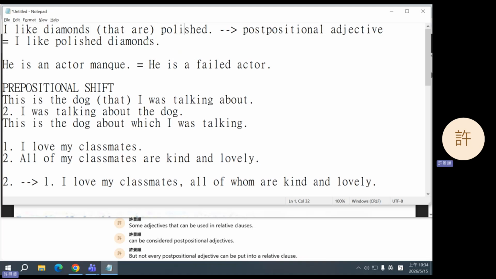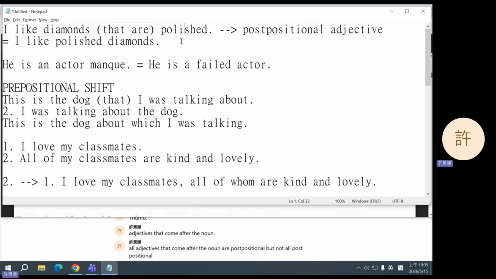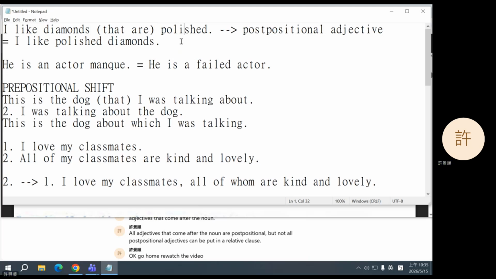Some of A can be B, but not all B are A. All adjectives that come after the noun are postpositional, but not all postpositional adjectives can be put in a relative clause. Okay, go home, rewatch the video.